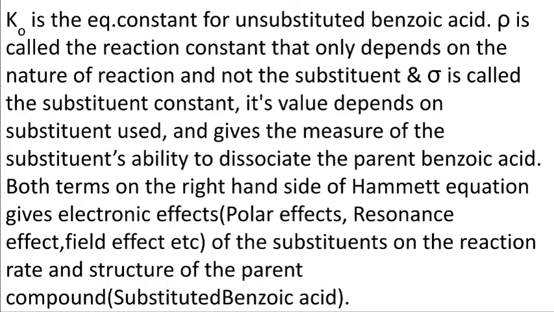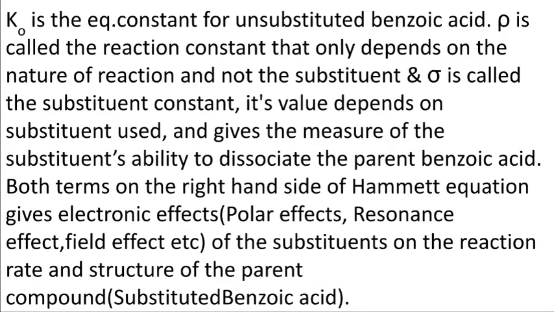The rho is called the reaction constant, which only depends on the nature of the reaction and not the substituent. And sigma is called the substituent constant. Its value depends on the substituent used and gives the measure of the substituent's ability to dissociate the parent benzoic acid.